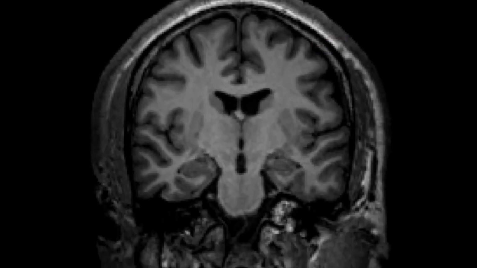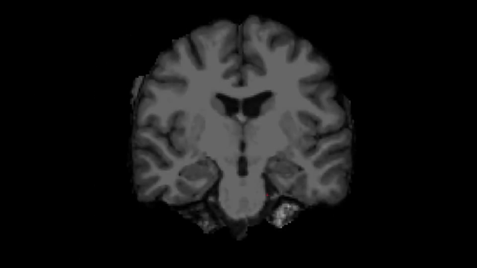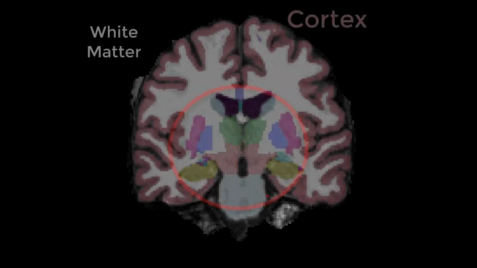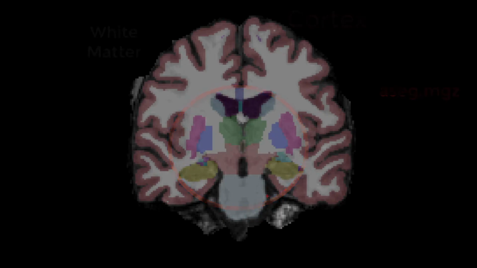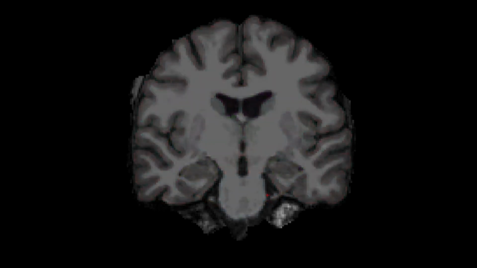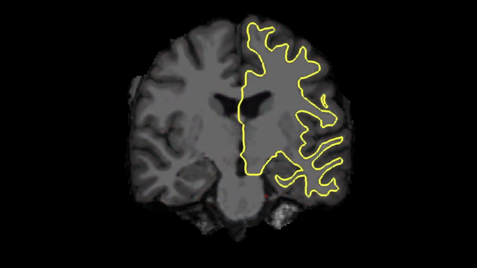Recon-all first removes the skull from the volume and creates the file brainmask.mgz. The volume is then segmented into cortex, white matter, and subcortical structures, which is stored in the file aseg.mgz. Recon-all makes a first pass or original guess about where the boundary is between the tissues.